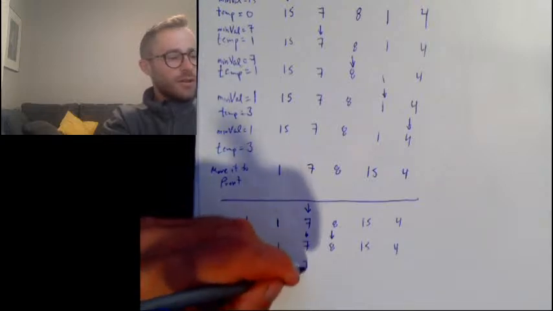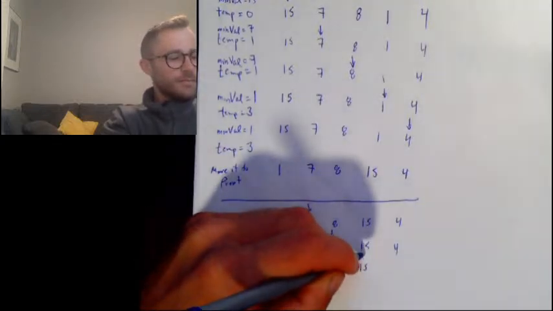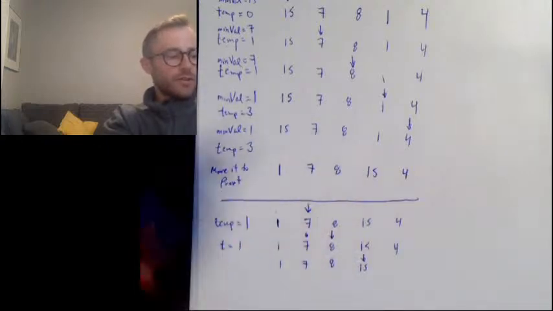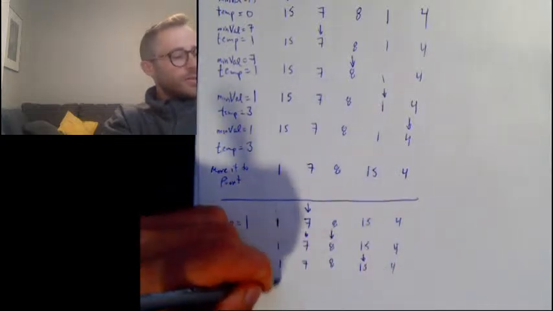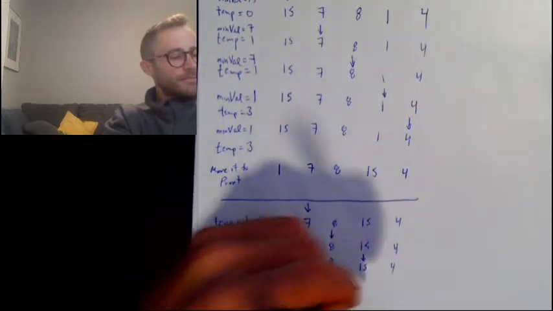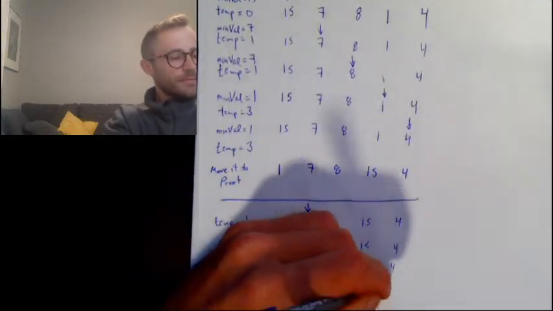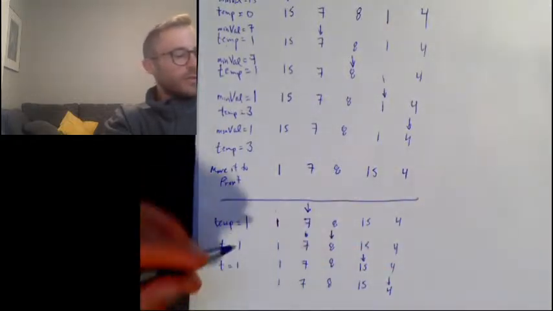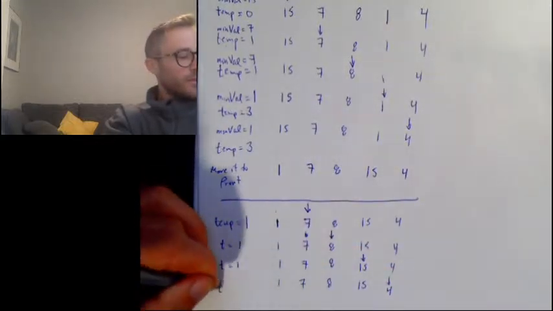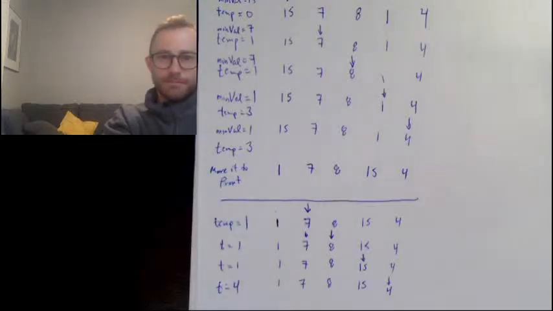Move my attention along. 15 is greater than 7, so my temp is still 1. Move my attention along. And I say, whoa, 4 is less than 7, so my temp is now going to be equal to 4.